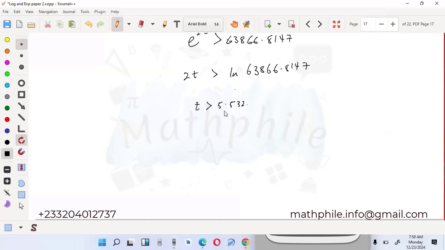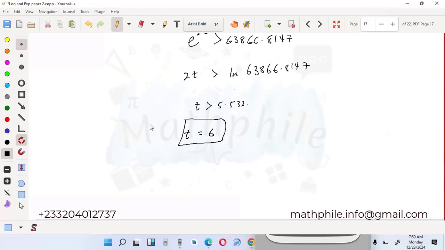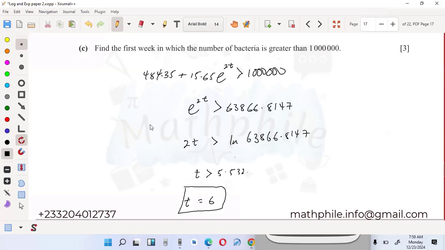So the first week that should be greater than this will be when t is equal to 6. Okay? You can jot this one down.